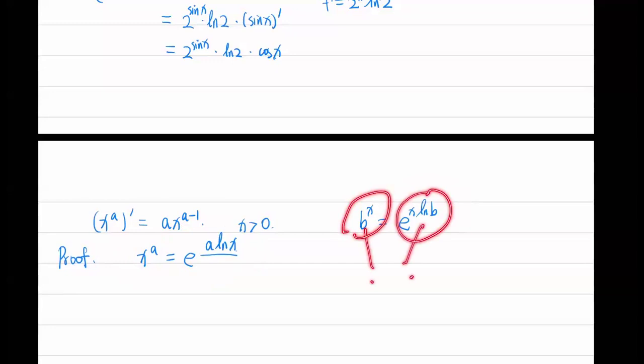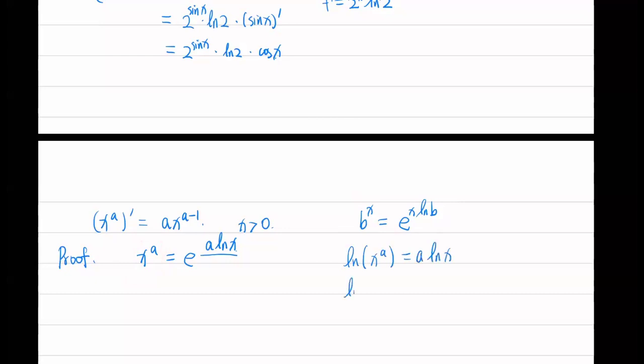If we take a natural logarithm of this one, what do you get? A log x. What's natural logarithm of e to the a log x? A log x times log e. And what's log e? 1. Okay, that's why they are the same.